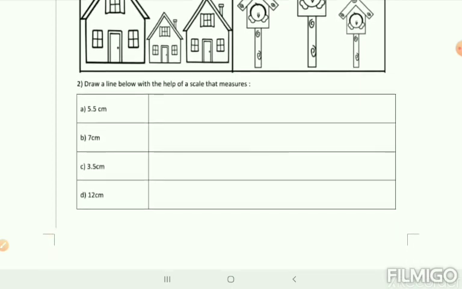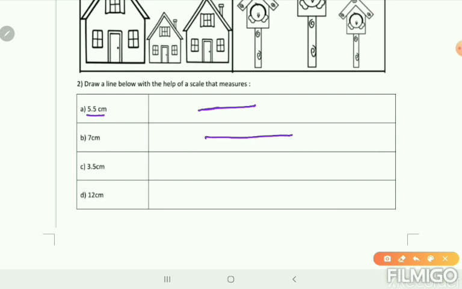In the second question, draw a line below with the help of a scale that measures. You are going to draw lines according to the measurement which is given. Like A, it is given 5.5 centimeter. You know how you have to place your scale and draw a straight line, and it should have a measure according to the given question. 5.5 centimeter you are going to draw here.